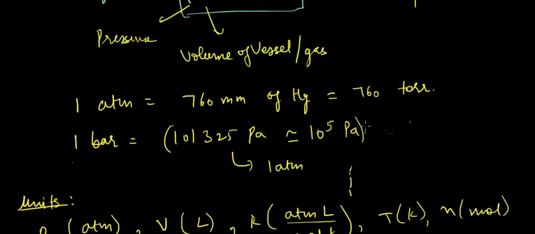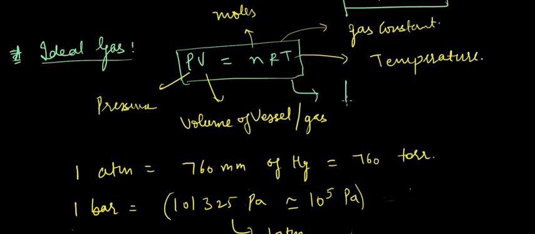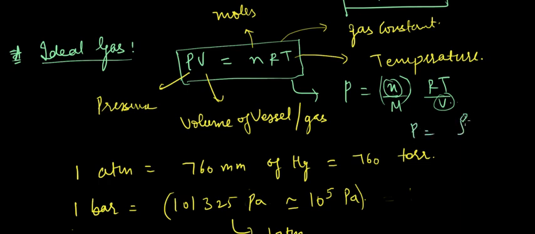Here we can also write P equals n divided by V times RT. Now n is nothing but given mass divided by molar mass, divided by V. And given mass upon volume would be density, which we represent by rho.